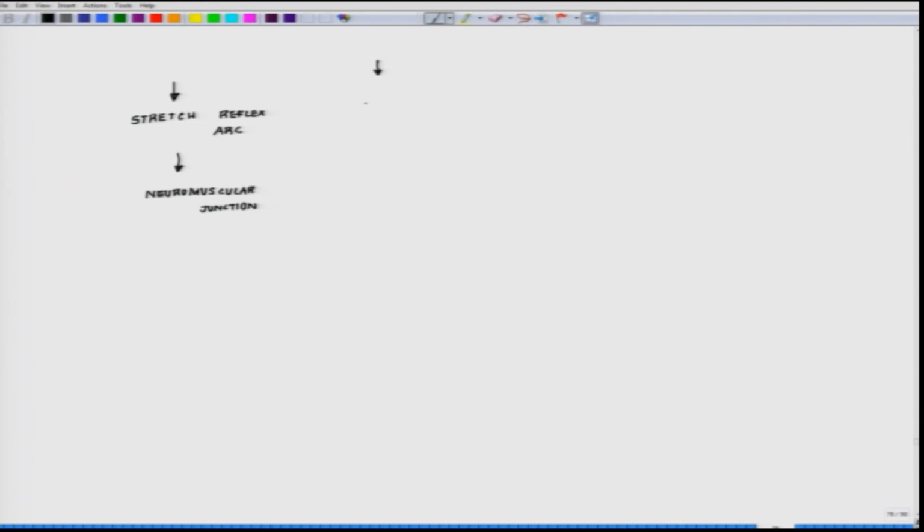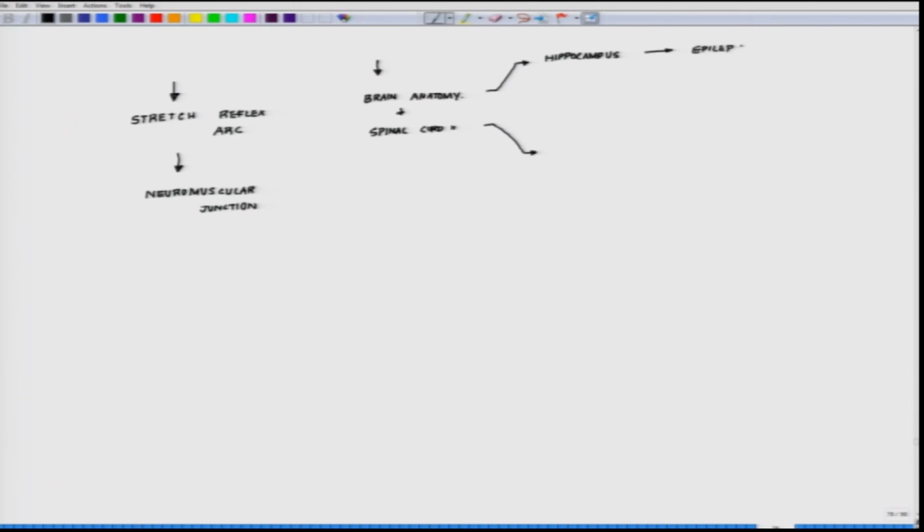Then we will talk about brain anatomy and spinal cord anatomy, which partly I have already talked about. There we will talk a little bit about the hippocampus and related disorders, which we have already started.